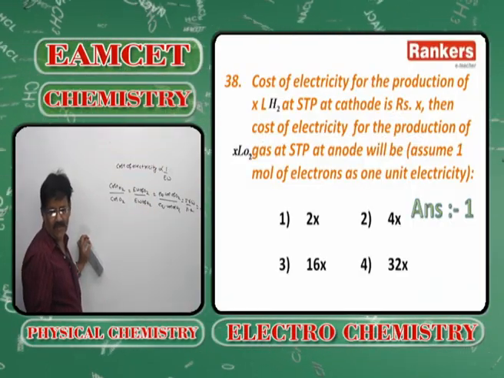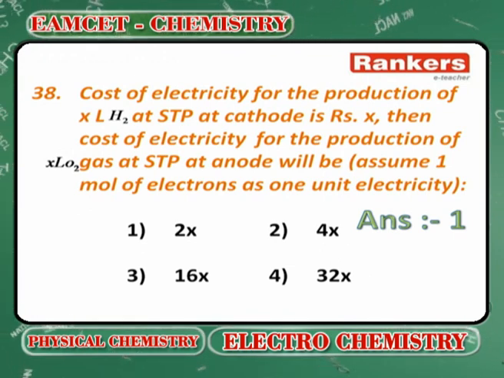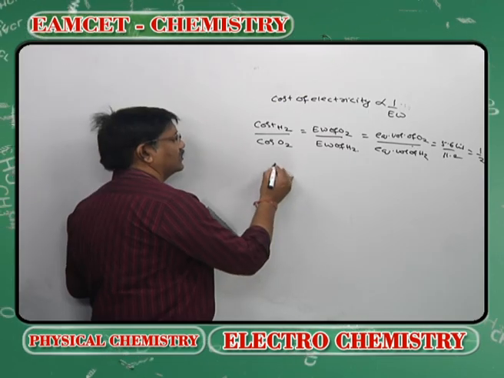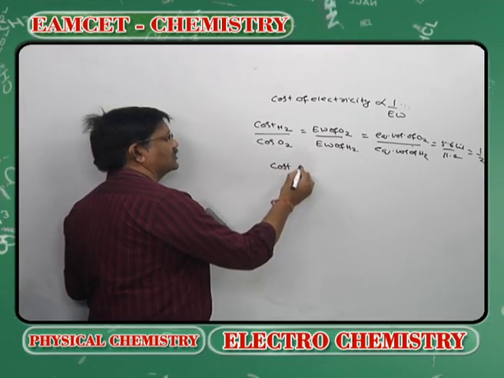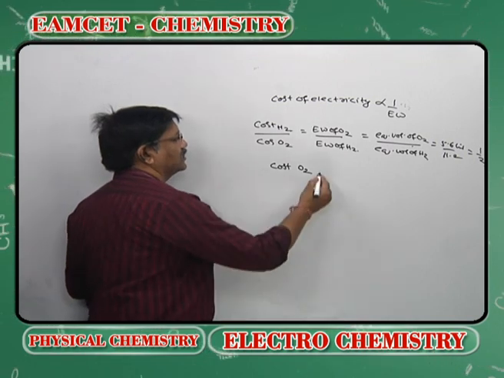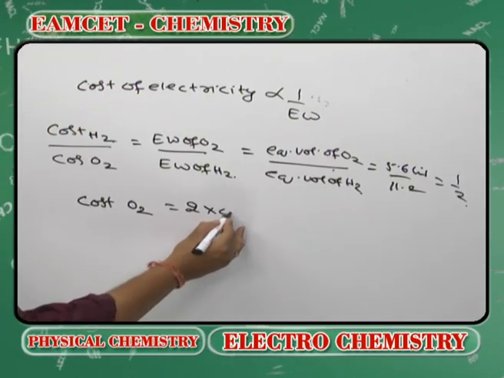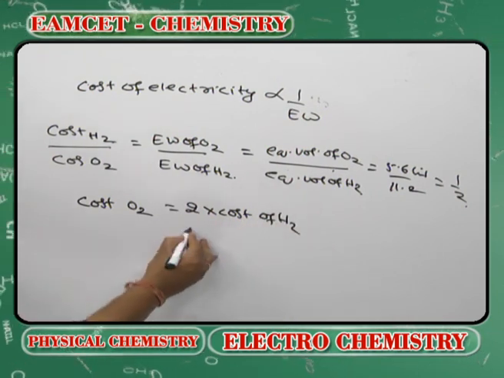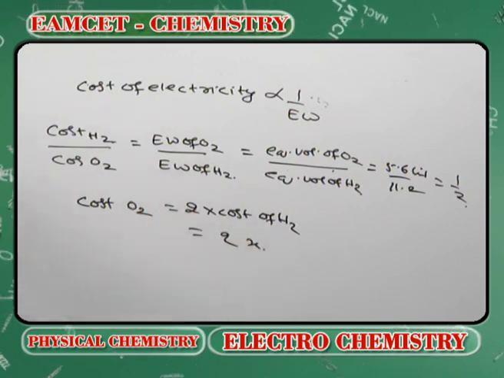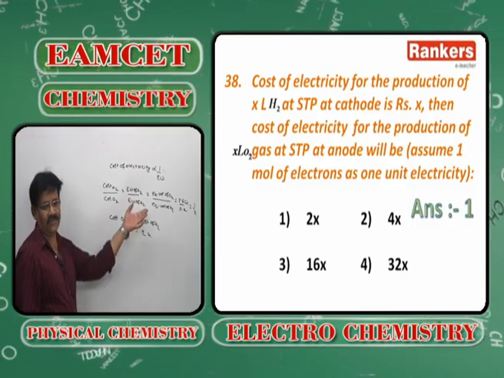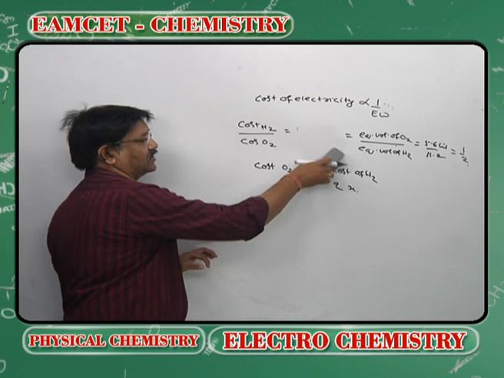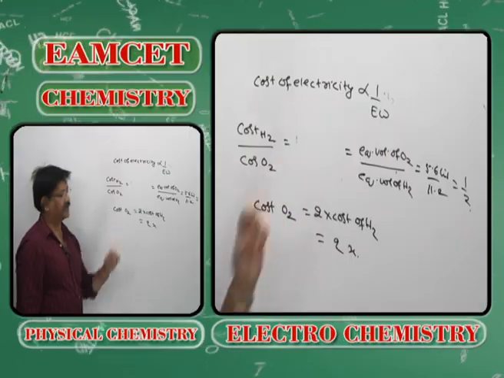So the cost to produce oxygen will be 2 into the cost of hydrogen, that is equal to 2x, because here volumes are under consideration.